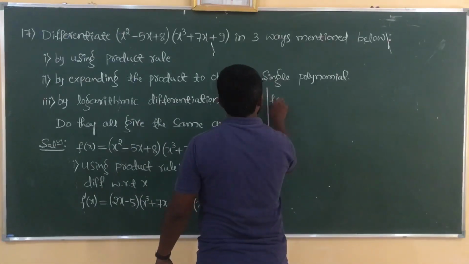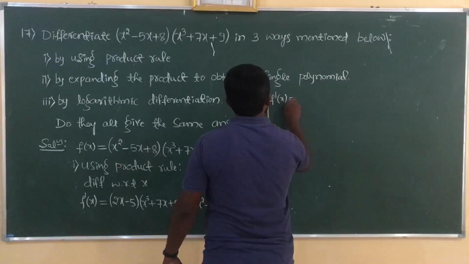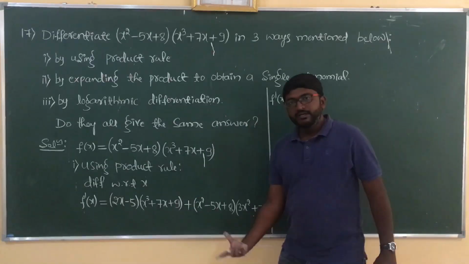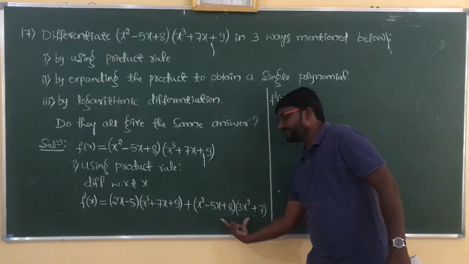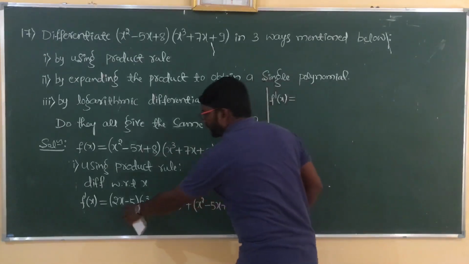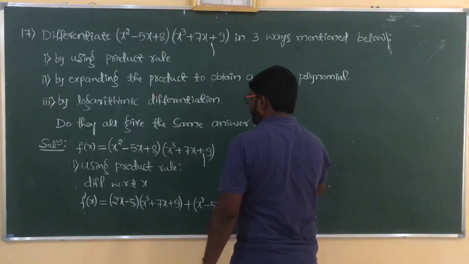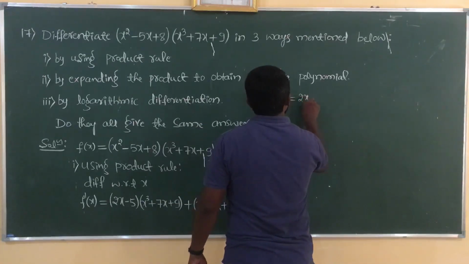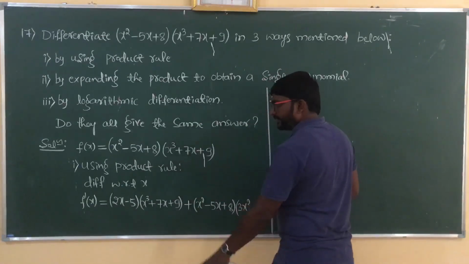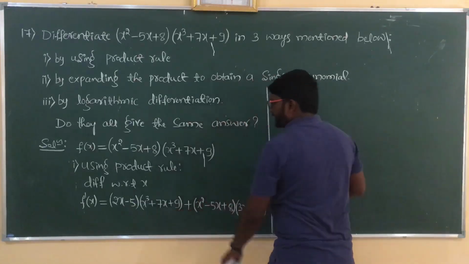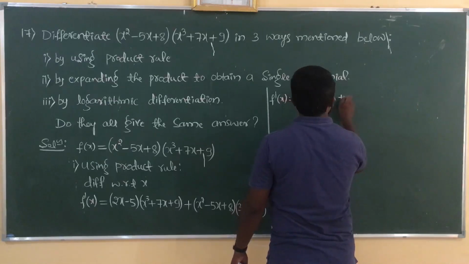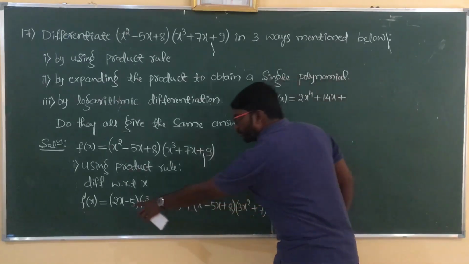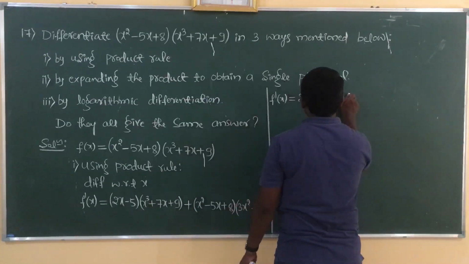f dash of x is equal to, now we have to multiply these two terms, plus we have to multiply the last two terms. Now 2x into x cube is 2 into x to the power 4, and then 2x into 7x will be 14x square, plus 2x into 9 will be 18x.